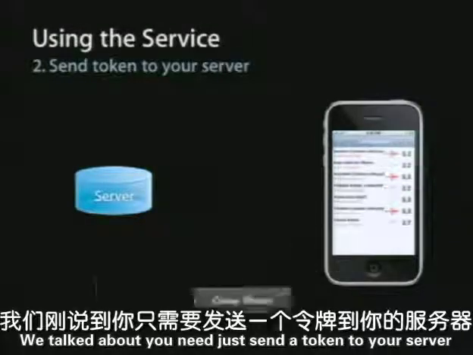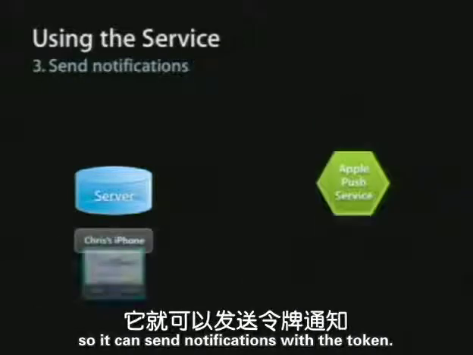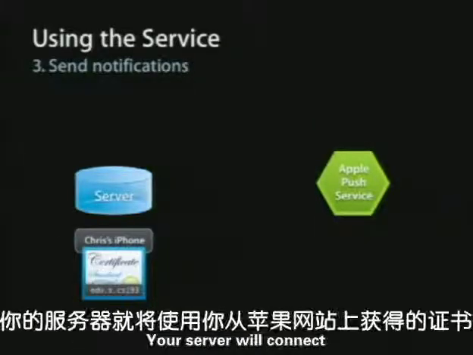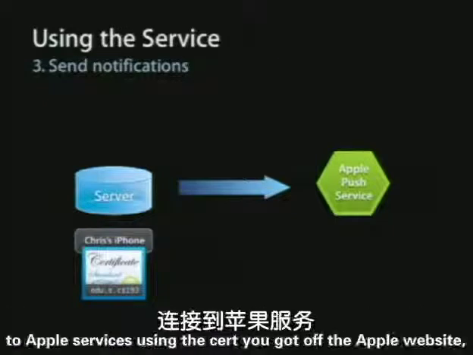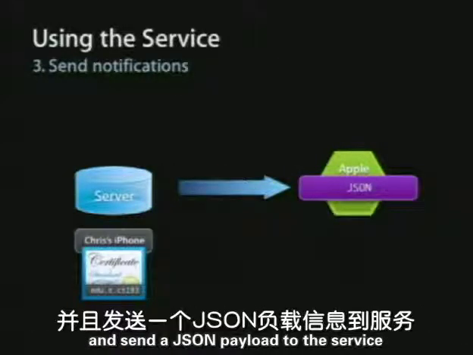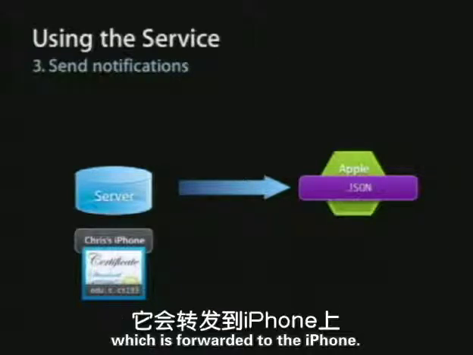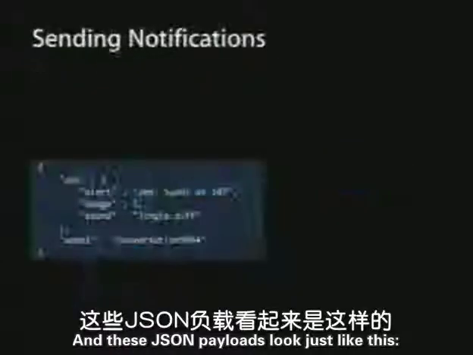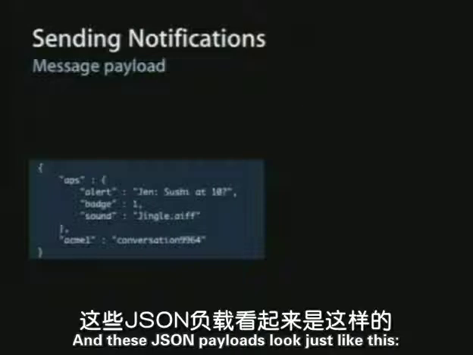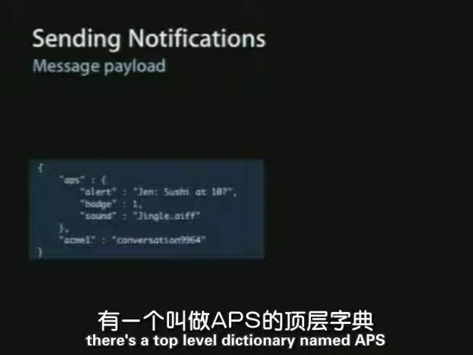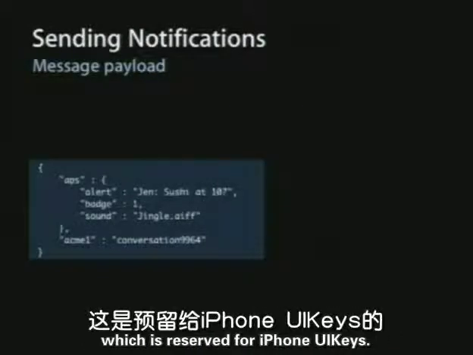We talked about how you need to send the token to your server so it can send notifications with the token. Your server will connect to Apple services using the cert you got off the Apple website and send a JSON payload to the service, which is forwarded to the iPhone. And these JSON payloads look just like this. There's a top-level dictionary named APS, which is reserved for iPhone UI keys.